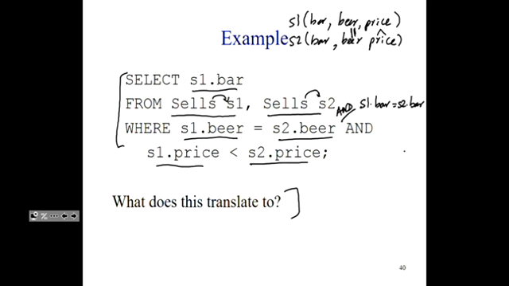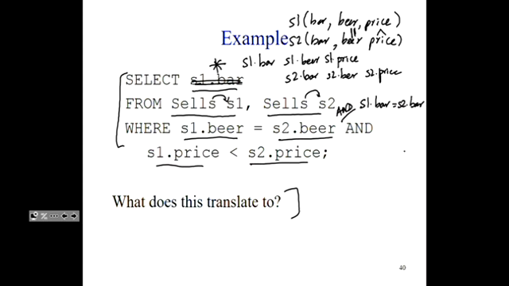If instead of S1.bar I had listed star, I would have 6 attributes: S1.bar, S1.beer, S1.price, S2.bar, S2.beer, S2.price as my 6 output attributes.